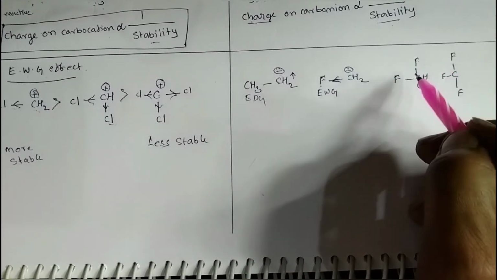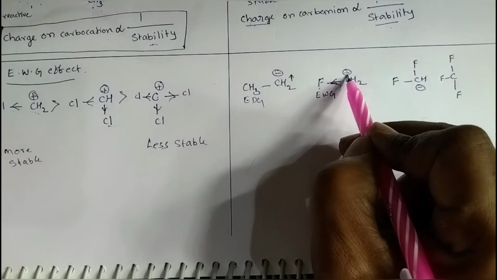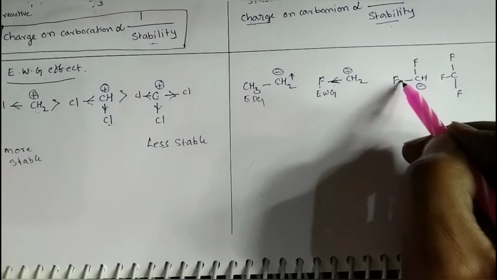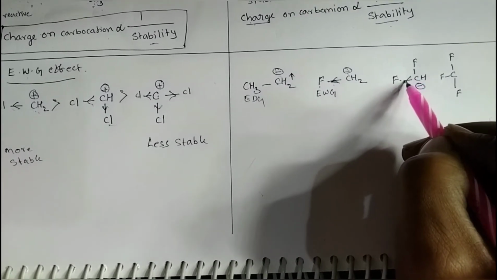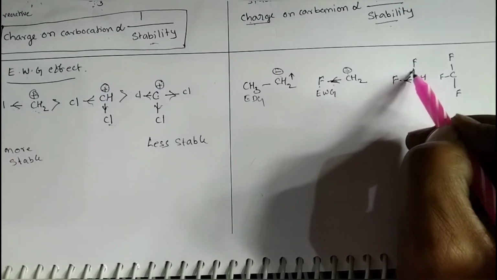Here only one fluorine atom is there and it reduces charge, whereas here two fluorine atoms withdraw the bonded electrons.